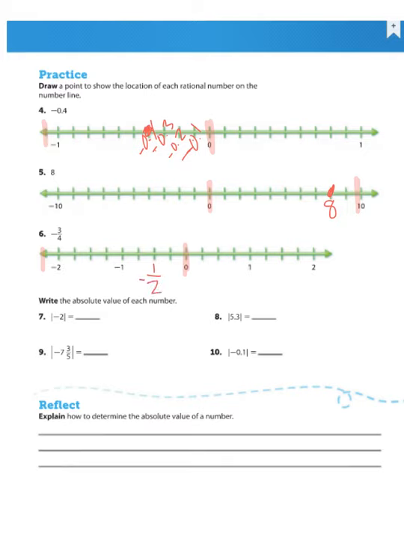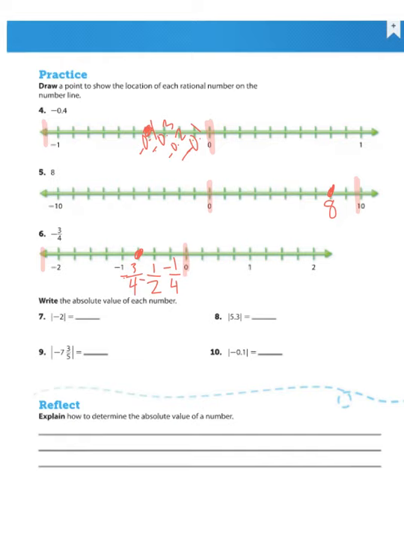Okay, that's the middle. I'm getting closer to -1. Okay, right after 0 would be a -1/4. So I have -1/4, -1/2. -3/4 would be closest to -1. So -3/4 would go right there.